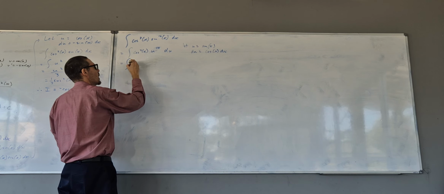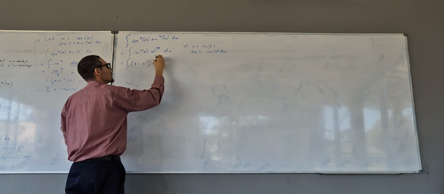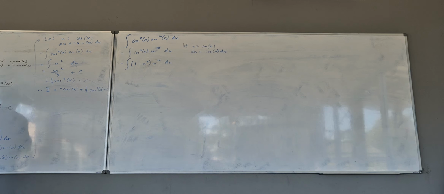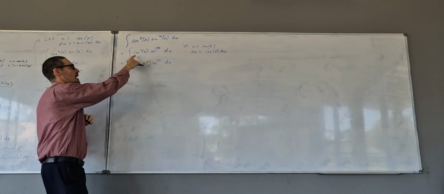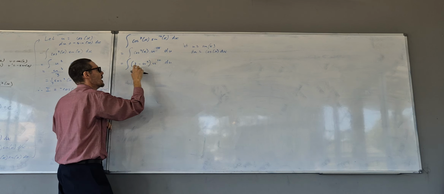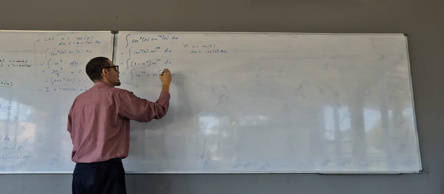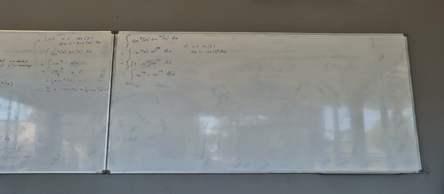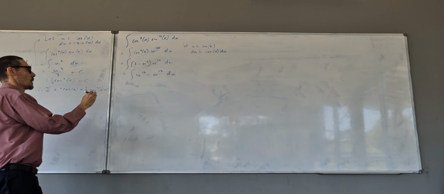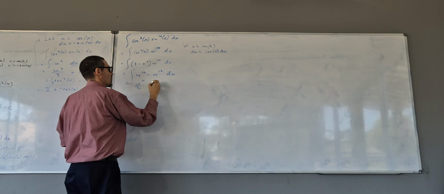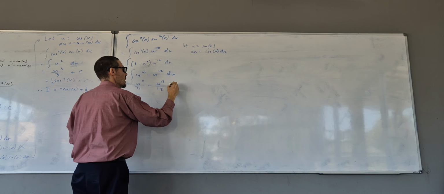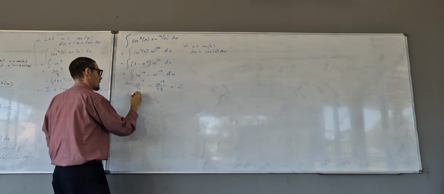This is the integral of 1 minus u squared, times u to the 10th, du. Because u is sine x, cos squared is 1 minus sine squared. Expand the brackets: u to the 10th minus u to the 12th, which you can do. U to the 11th on 11 minus u to the 13th on 13 plus constant, and substitute back.